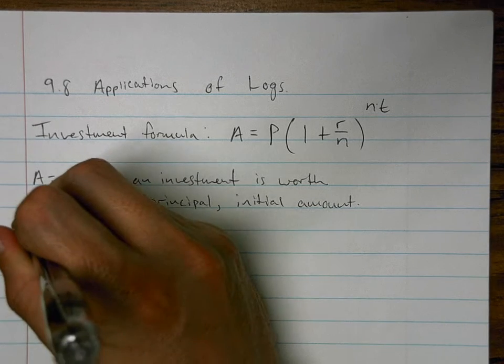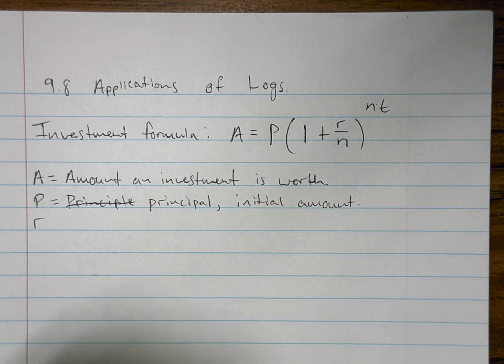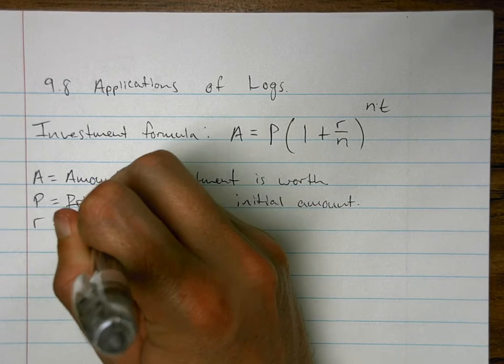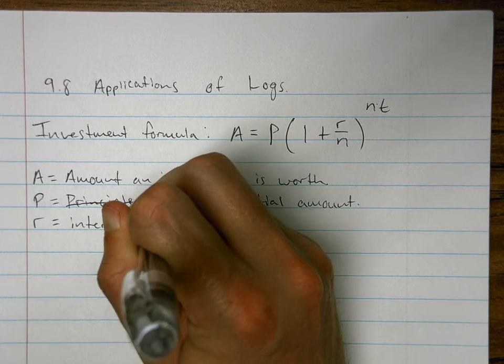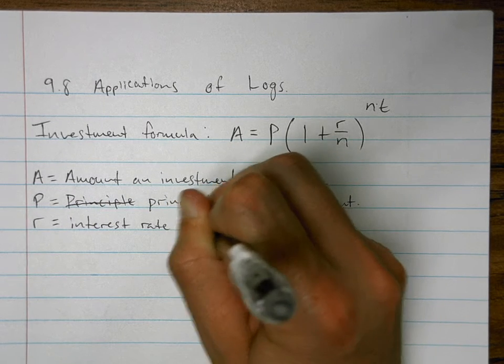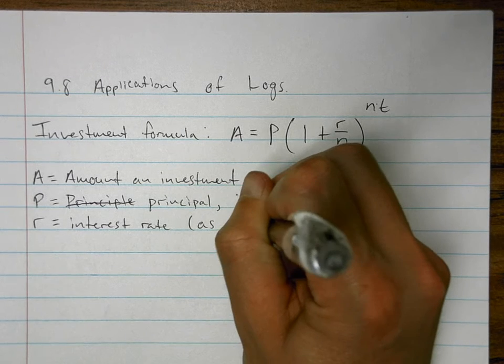The next part is R, which stands for the interest rate. And it's really important that we put it as a decimal.